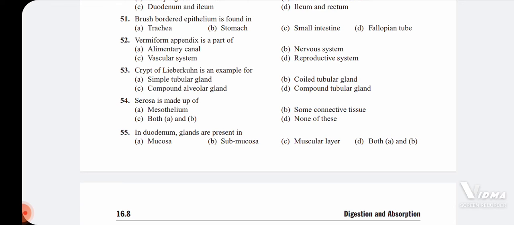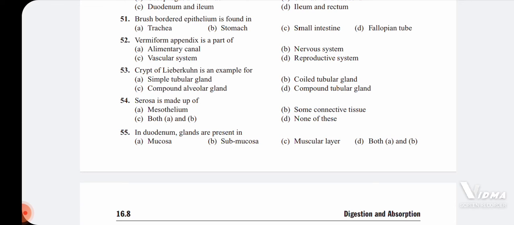The epithelium present on the visceral organs is also called mesothelium. So the correct answer is option C, because it is made up of mesothelium as well as some connective tissue.